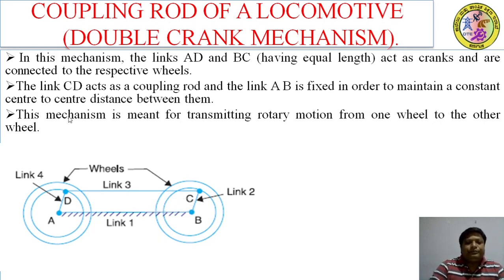This mechanism is meant for transmitting rotary motion from one wheel to the other wheel. That is the purpose of this mechanism. The application of the coupling rod of locomotives is in steam engines of a rail.